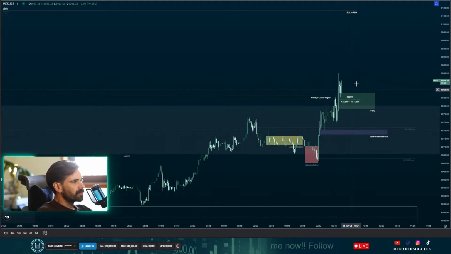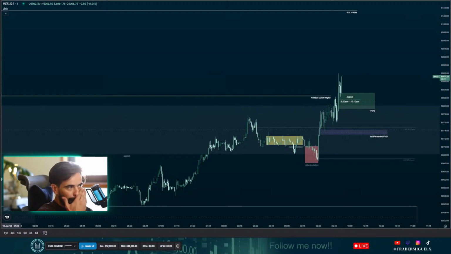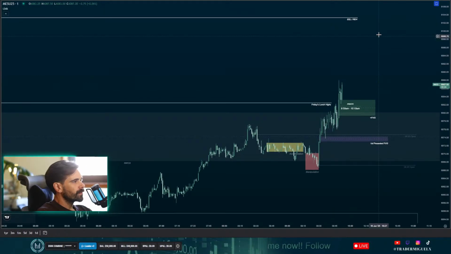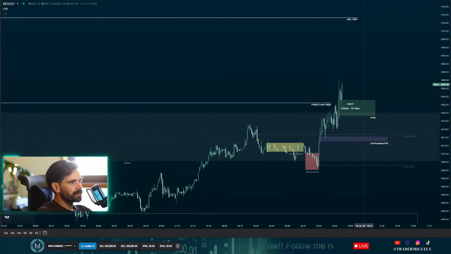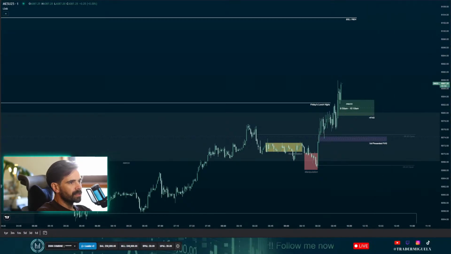Yeah, so far respecting the bullish plan. So this was the first plan that we projected. This should be the next target for ES if these bullish PD arrays get respected.